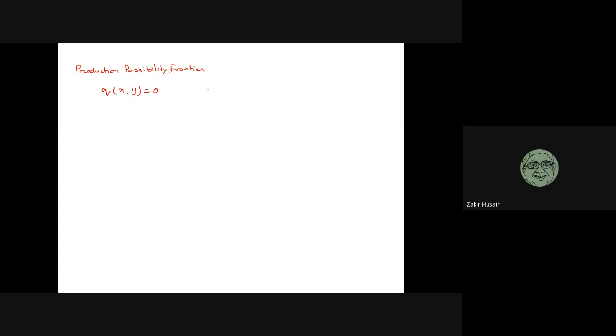This is not an implicit function. Something like this. This is y, this is x, and what you have over here is the combinations of x and y that can be produced using the given amounts of labor and capital.